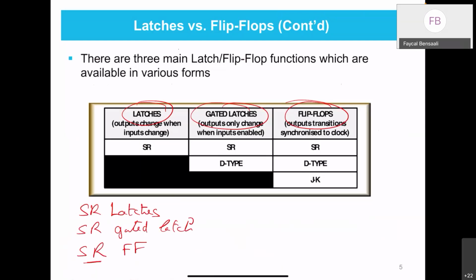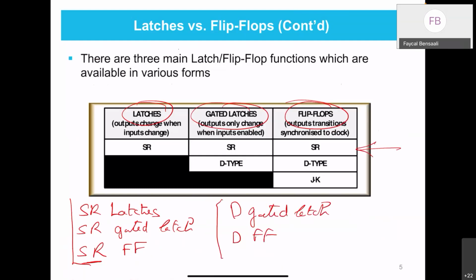So with the SR function, we can find all types: latches, gated latches, and flip-flops. This is what I put here in this table. Now, for D, we don't have a D-type latch; we don't say type, we just use D. We have the D gated latch, and we can find the D flip-flop.